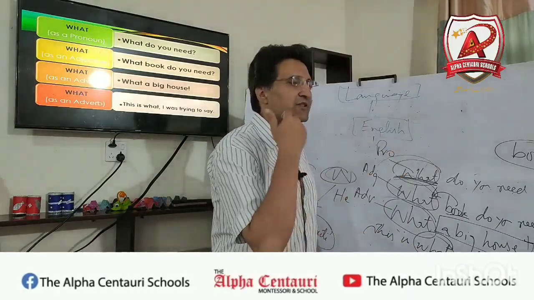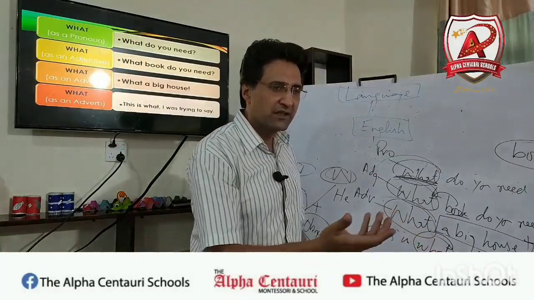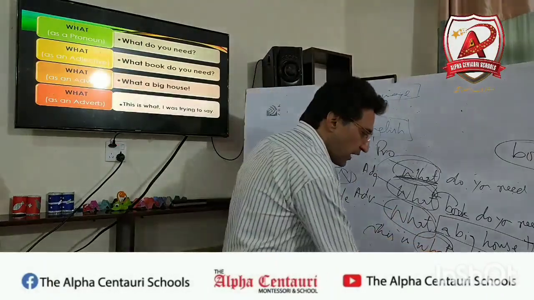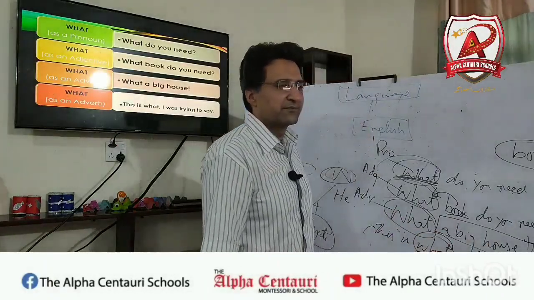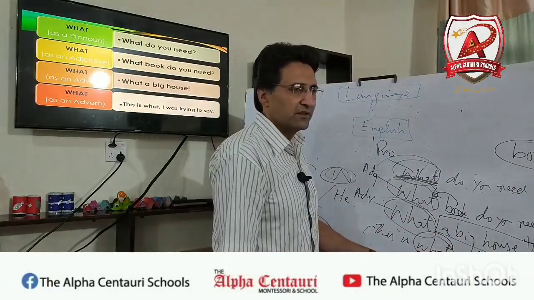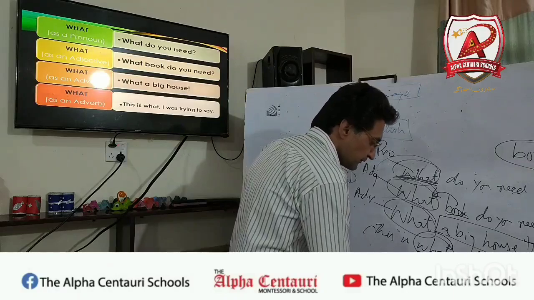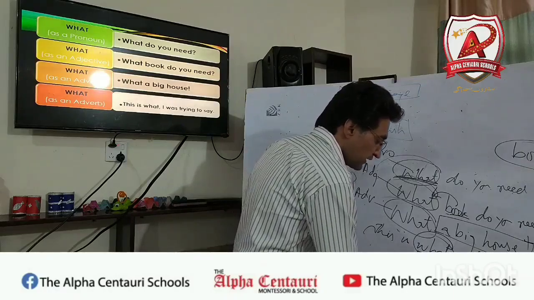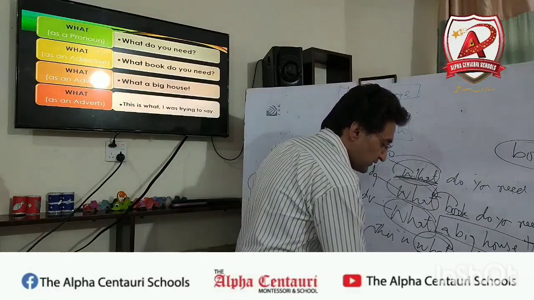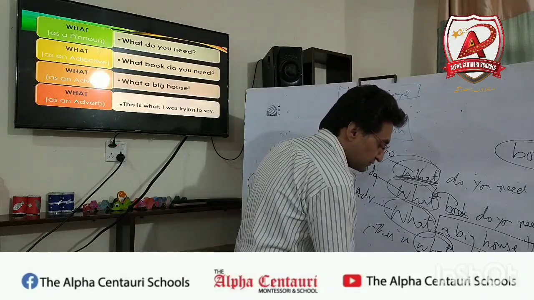Whatever you are saying, I totally agree. This is what I am saying. So what is here? This is what? Relative pronoun. Relative pronoun, or even sometime we can also call it conjunction.